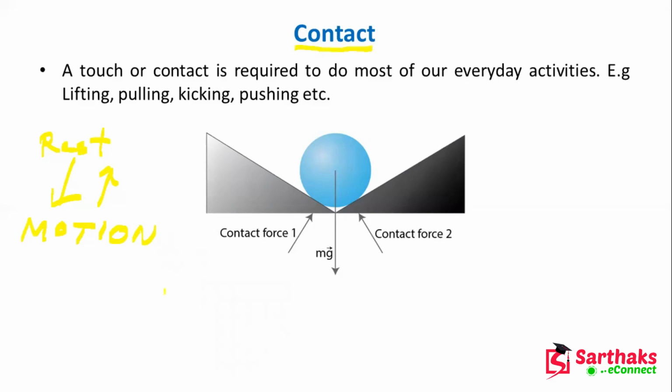So what you are doing, you can use your leg or you can catch it with your hand, right? That means if the movement is in this direction, you are giving the force in the opposite direction so that it will resist the movement and it will come to rest. Sometimes it will come to rest suddenly, sometimes it will take some time, right?